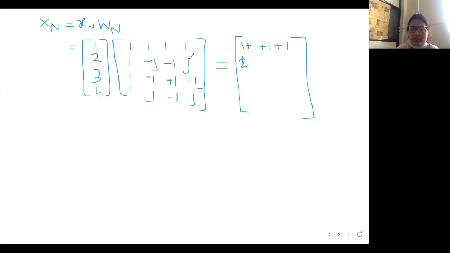I will write this first, taking the entire matrix, and then I will take the one-dimensional matrix so that there will not be any confusion. So this is 1, 1, 1, 1, 1, 1, 1. Then here it is minus j, minus 1, plus j.